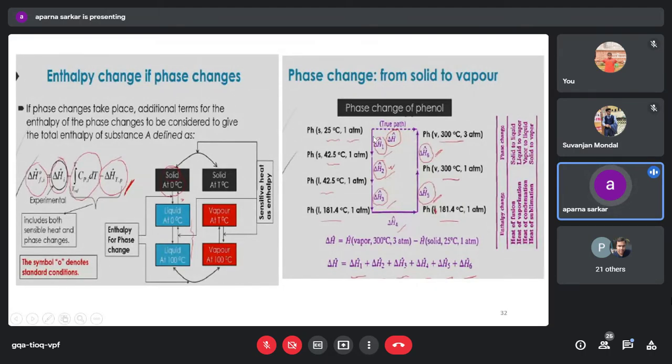This way, for phenol we can see how the heat of formation or enthalpy changes occur. So for the total specific enthalpy change of this system, we have this formula: summation of all.